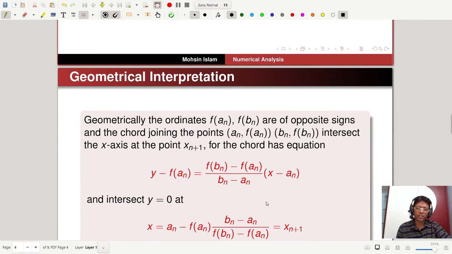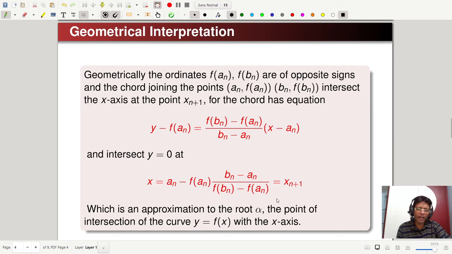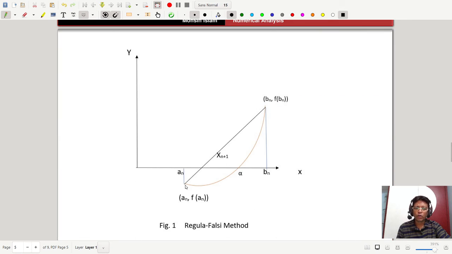So what is the geometrical interpretation? Geometrically, the ordinates f(an) and f(bn) are of opposite signs, and the chord joining the points (an, f(an)) and (bn, f(bn)) intersects the x-axis at the point x_{n+1}. What is the equation of the chord? This is the equation of the chord, the straight line connecting the two points. This chord intersects the x-axis at x_{n+1}.